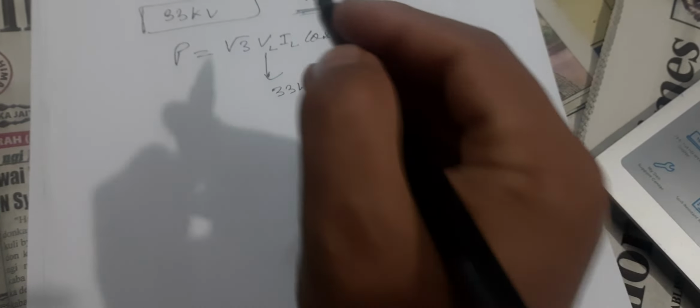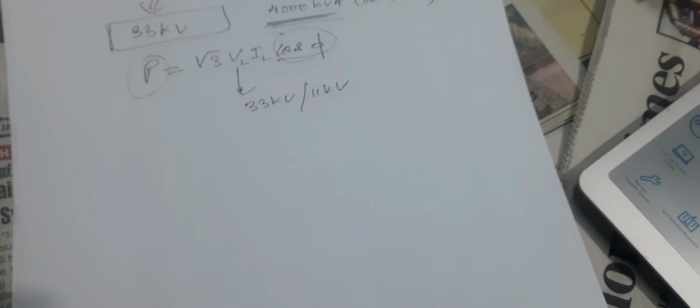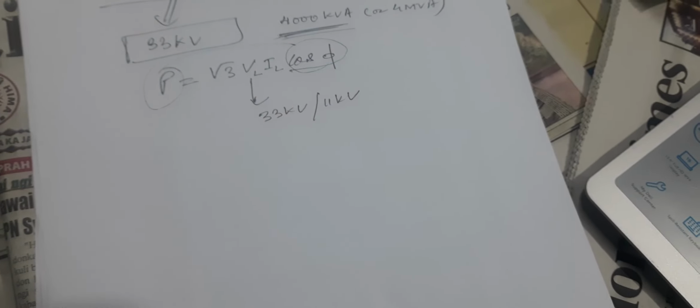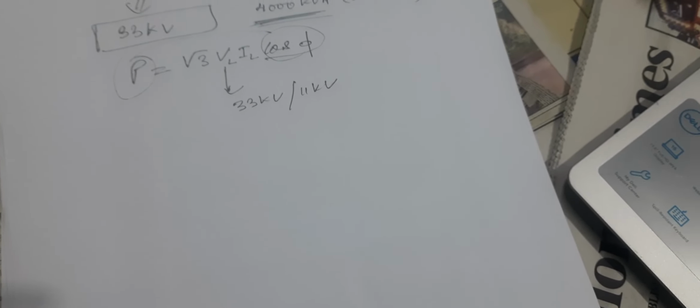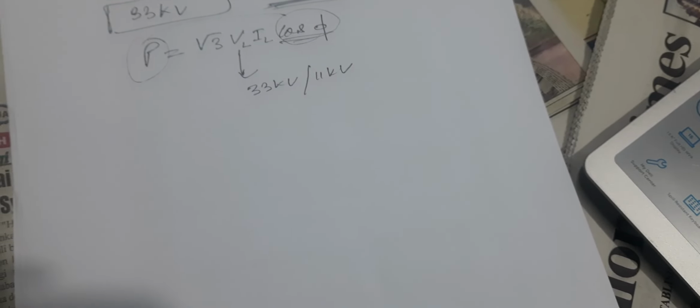Now I will not consider the power factor, because our tariff structure is such that for industrial consumers we bill on the basis of kVA. So kilowatts do not arise, and the power factor issue will not arise.